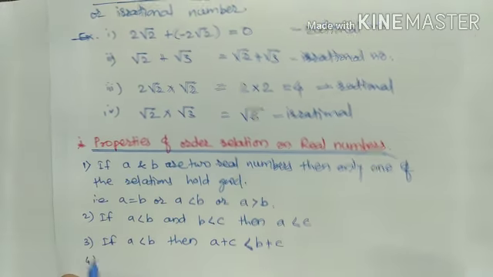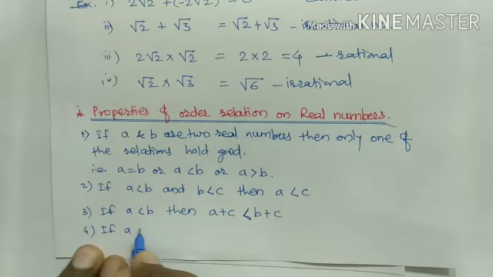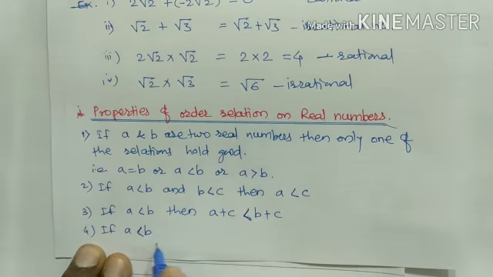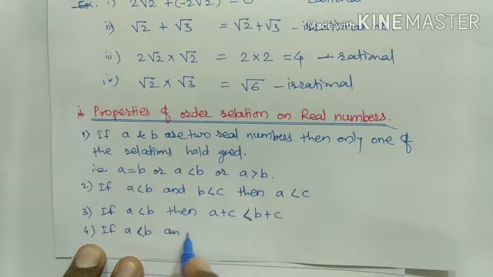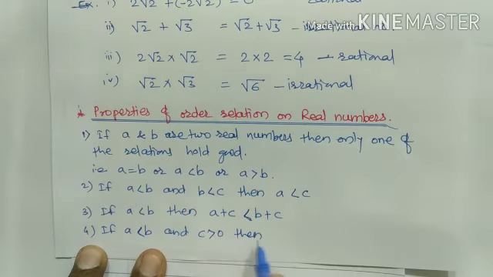Then the next property is if A is less than B and C is greater than 0, means C is a positive real number, then AC is less than BC.